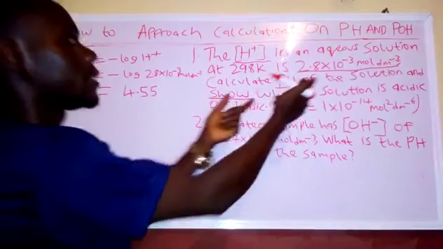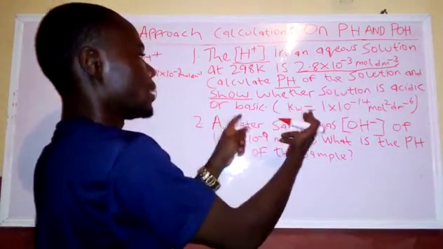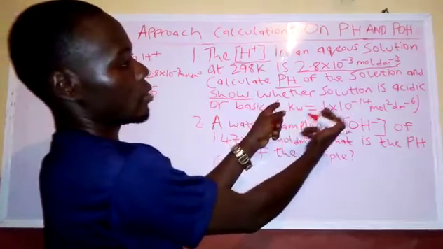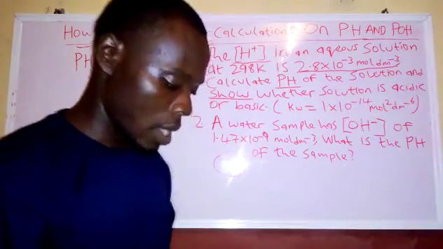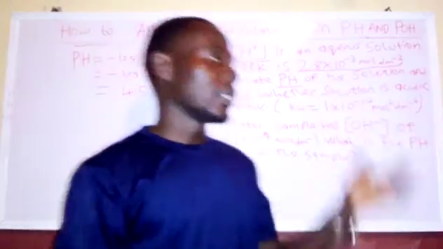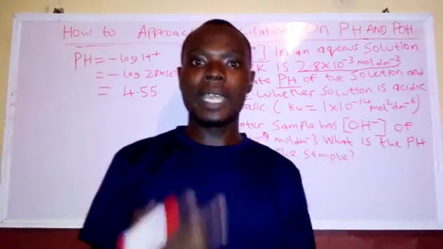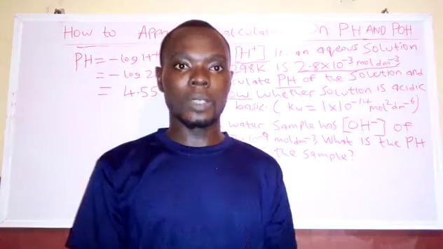So now the second step. They said show whether the solution is acidic or basic, and you have been given the ionic equilibrium of water. Now in the previous video I emphasized something. What did I say? I talked about relating hydrogen and hydroxyl ion.